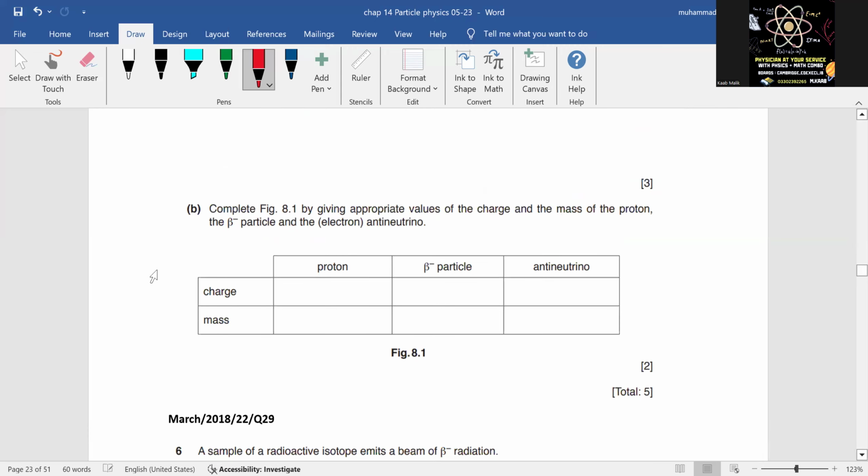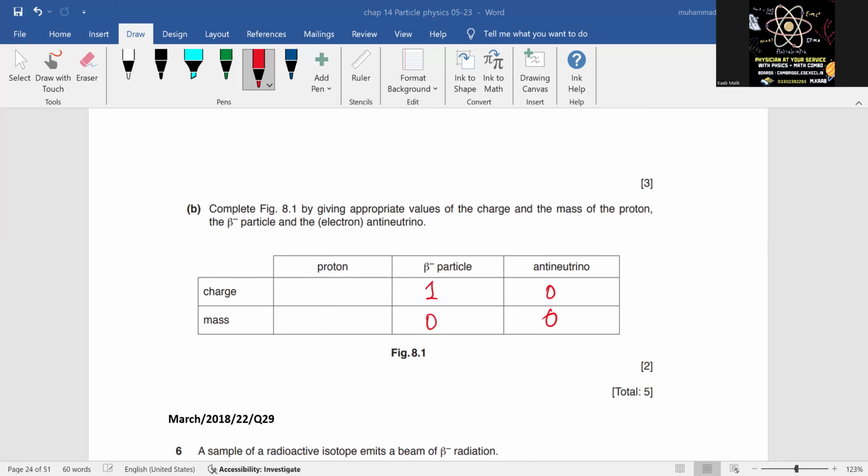Complete figure 8.1 by giving appropriate values of the charge and the mass of the proton, the beta negative particle, and the antineutrino. For the antineutrino, both will be 0. For the beta particle, the charge is going to be -1, and the mass is 1/1836 or something.